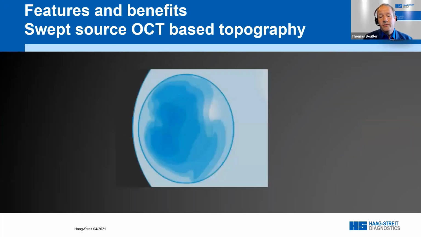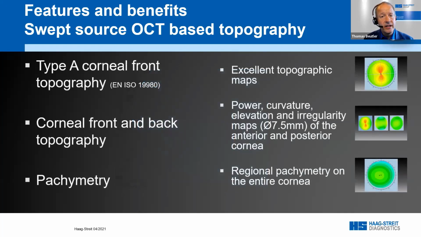The next feature I'd like to show you is the Swept Source OCT-based topography. So everything we look at now is based on OCT only. So it's all OCT data-based, and therefore we don't have all the issues of reflective technologies, like you know better than I do, at least from your clinical practice.